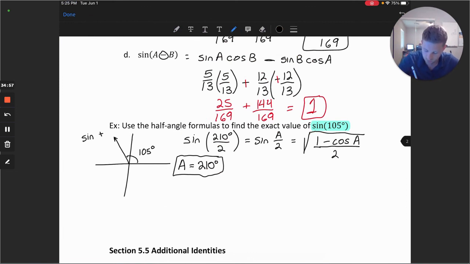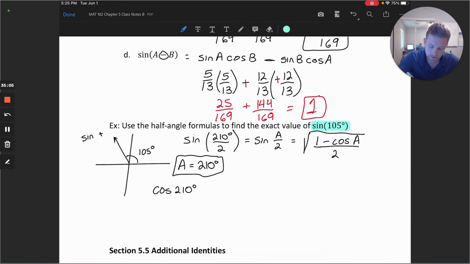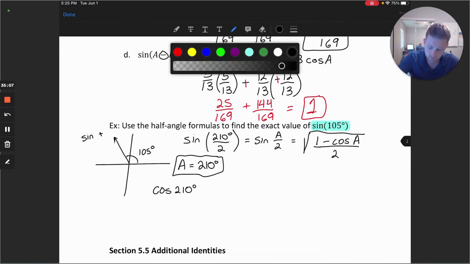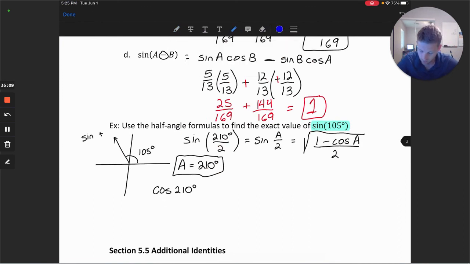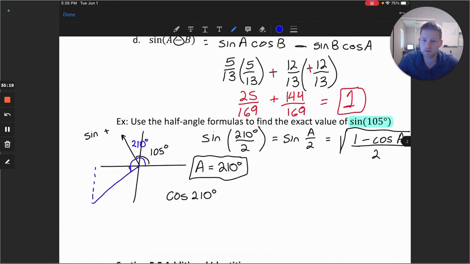So let's go out and find the cosine of 210 degrees. 210 degrees we know is in the third quadrant. So let's consider the third quadrant with the angle of 210. This forms a familiar 30, 60, 90 triangle.